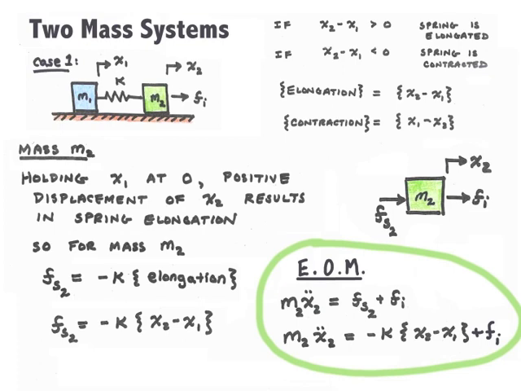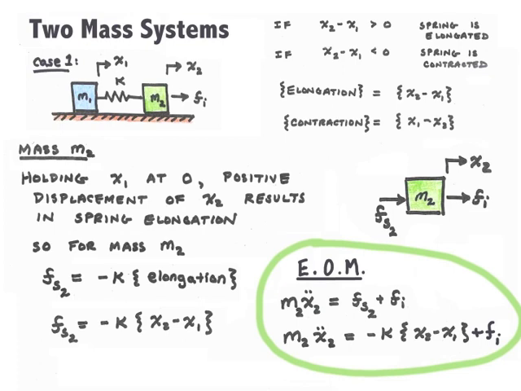So for mass m2, I know that Fs2 will be equal to minus k times the elongation. Furthermore, I know the elongation is x2 minus x1, and therefore I know Fs2 is equal to minus k times x2 minus x1. I'm now ready to write my equation of motion for mass m2, and it will be m2 x2 double dot equals the sum of the forces acting on m2.